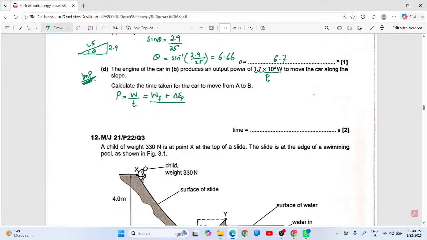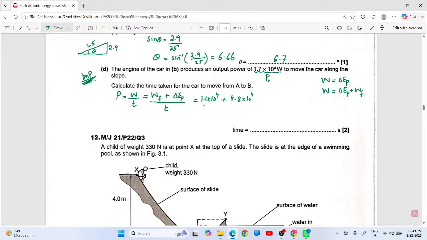It means, with the conservation of energy, if there is resistance, then work done is not totally converted into potential energy. Some of the work is wasted against the resistive forces, divided by time. Next, work done against resistive forces is 1.1 times 10 raised to the power 4. Change in gravitational potential energy is already calculated.